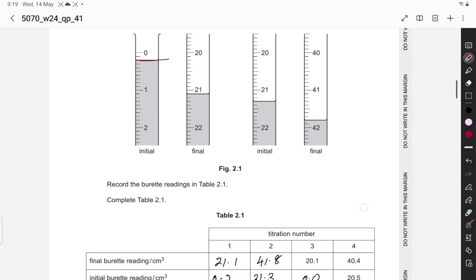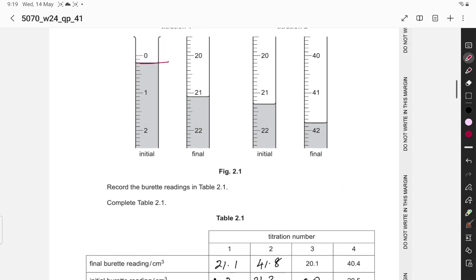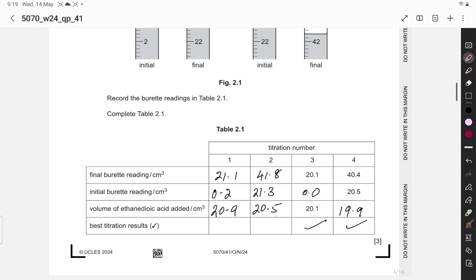For titration 2, the initial reading is 21.3 and the final is 41.8, so the volume used is 20.5. The third reading is 20.1, with the initial 0.0, so 20.1 is the volume used.